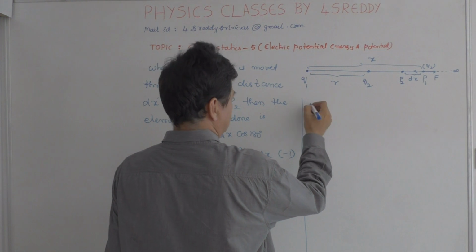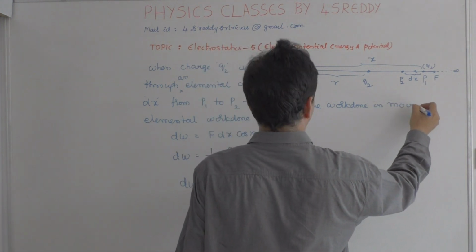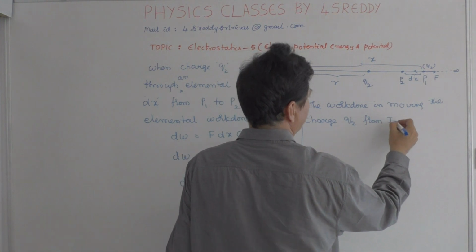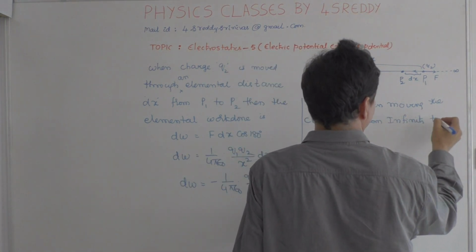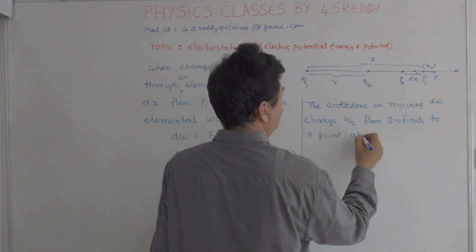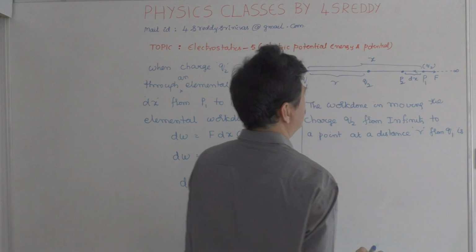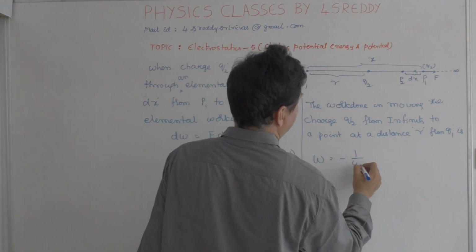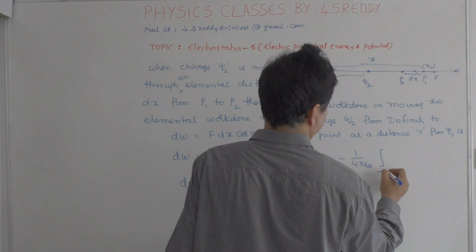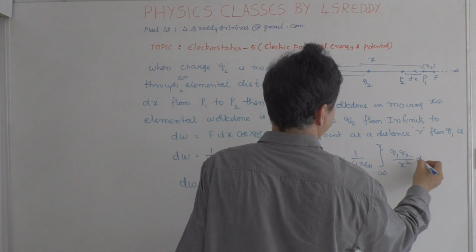Now, the work done in moving the charge Q2 from infinity to a point at a distance small r from Q1 is W, which can be written as minus 1 by 4 pi epsilon naught into Q1 Q2, integral from infinity to R, of 1 by x square dx.